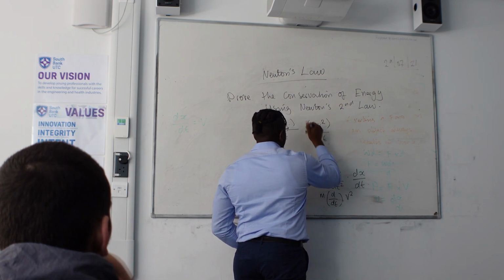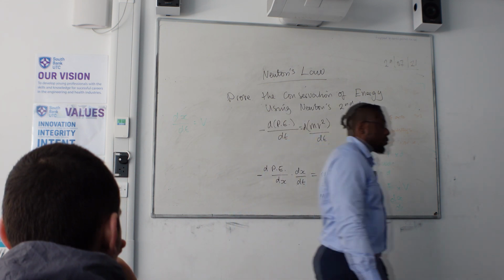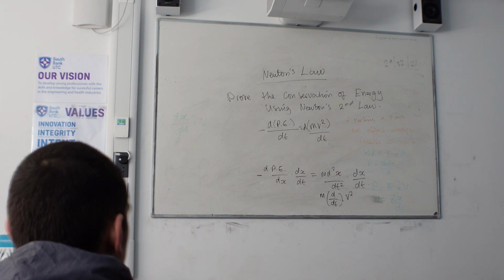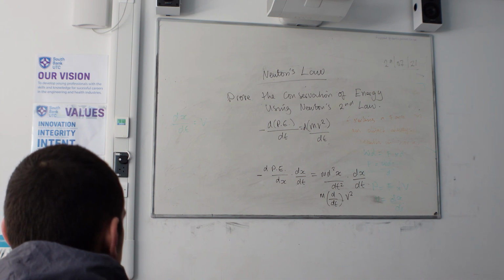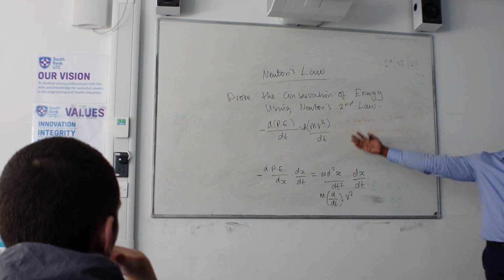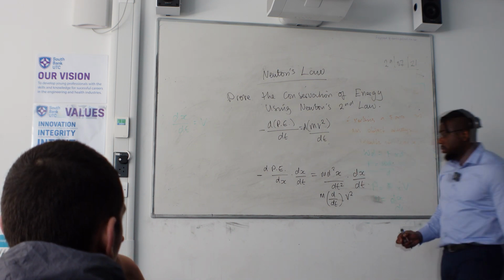Now don't be worried that we don't have a half there. It doesn't really matter right now. The half is literally just a constant. If you want to put it back there, you can. But we can clearly see that m v squared is essentially what? Kinetic energy.